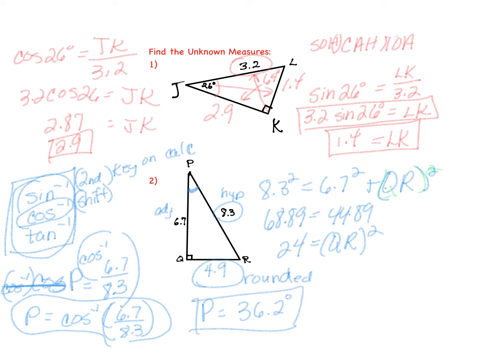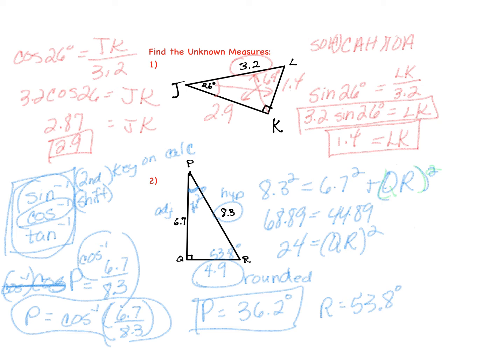At this point, at 36.2, I can subtract that from 90 and get my other angle, which is going to be 53.8 degrees. So R is 53.8 degrees. I can just get that from subtracting from 90. So that's how we solve triangles.